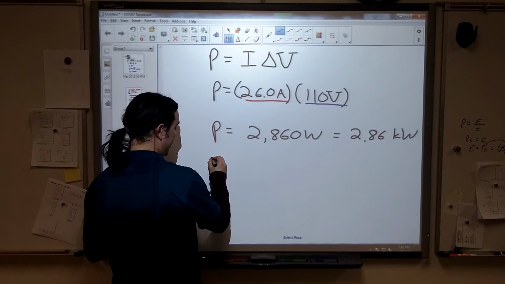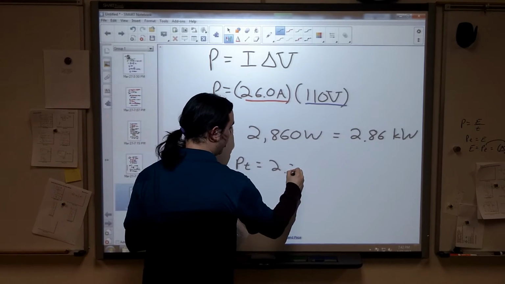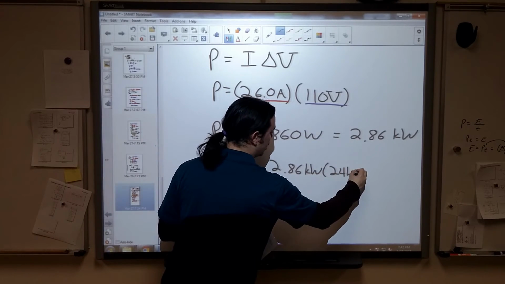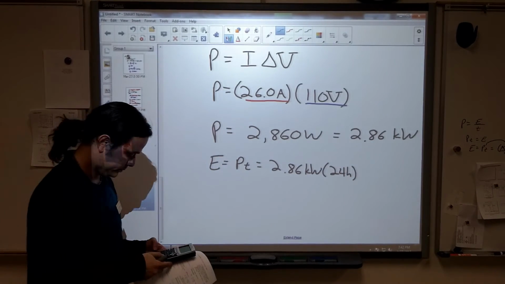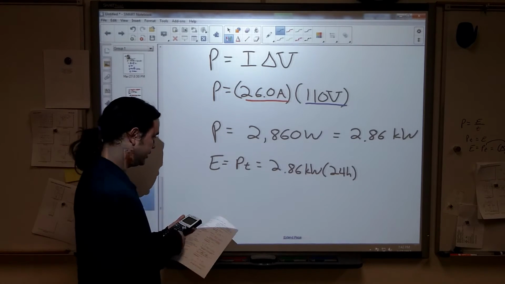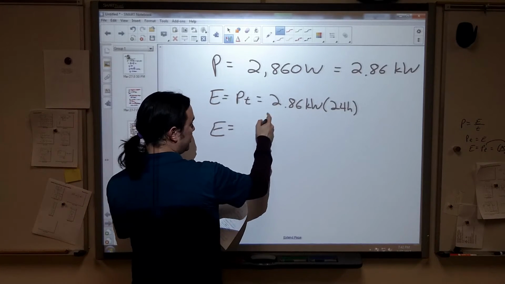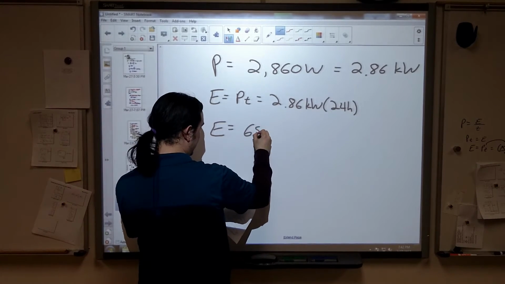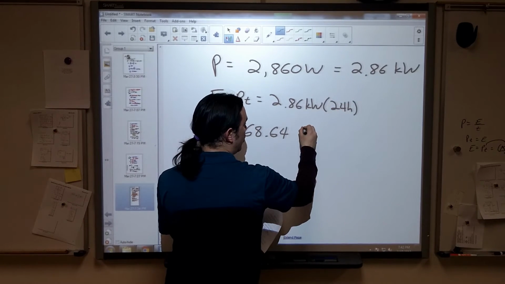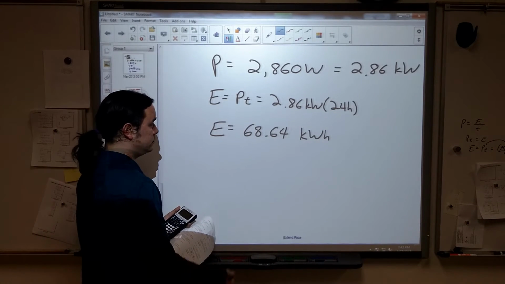And if we want to find the actual energy that we consume, that's going to be the power times the time, which will be 2.86 kilowatts times, they told us we leave this on for 24 hours. So, multiplying this out, I find that the energy that we consume is going to be 68.64 kilowatt times hour, kilowatt hours. That's what that unit is.